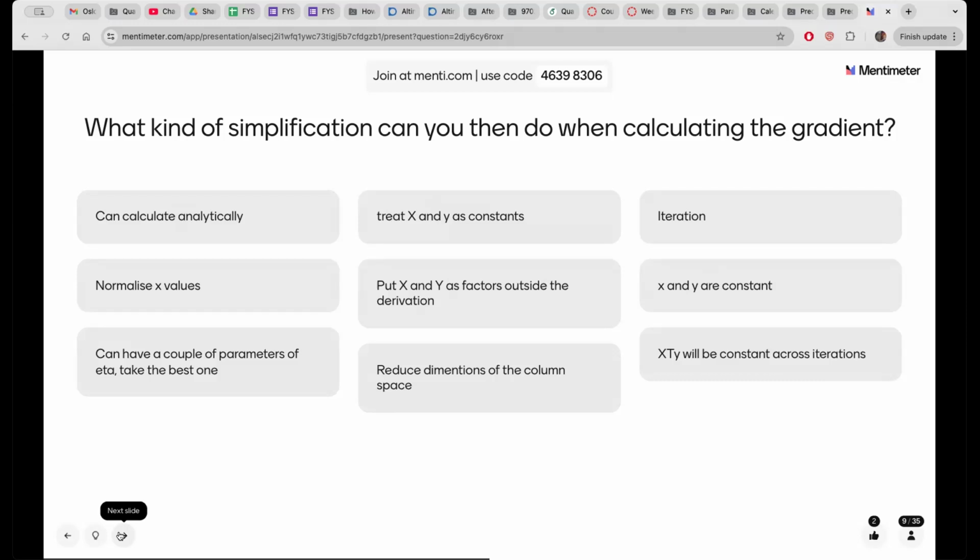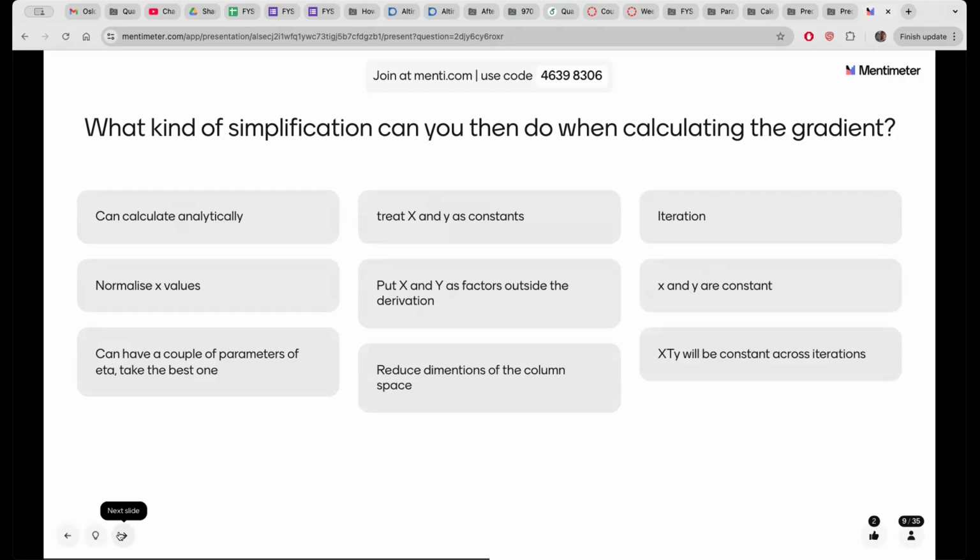So for you guys in the audience here, if you look at these answers, which one, if I'm telling you now, can save us cycles or floating point operations? Because when I'm thinking of the simplification, when you calculate the gradients, this is when we are implementing this numerically.